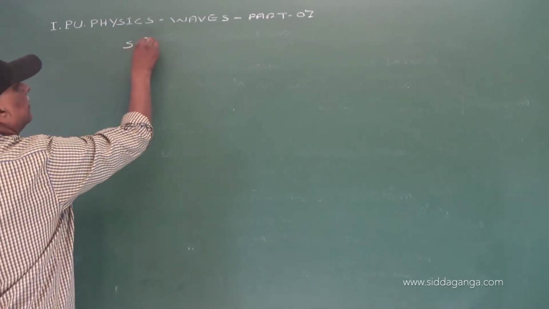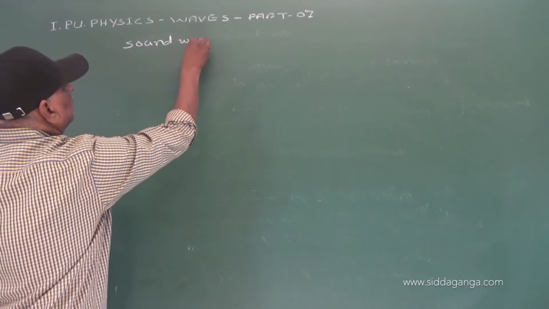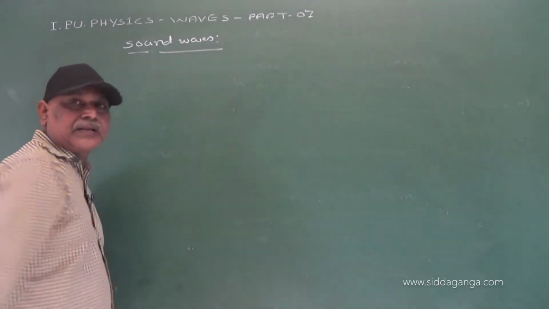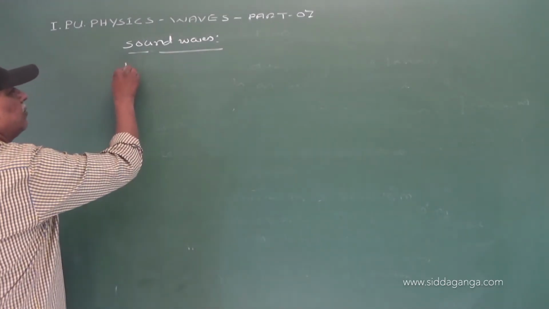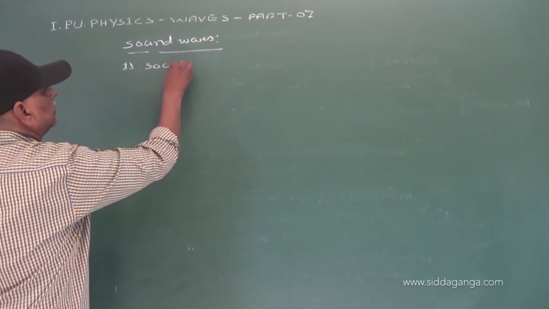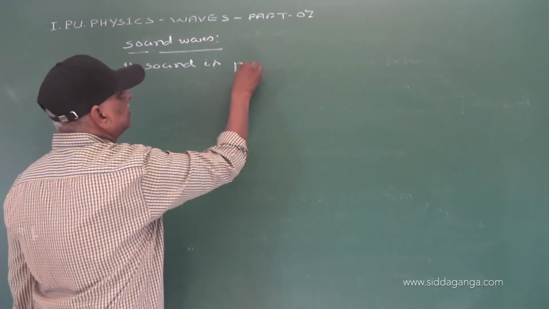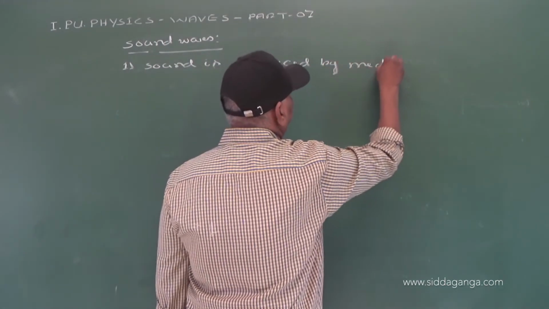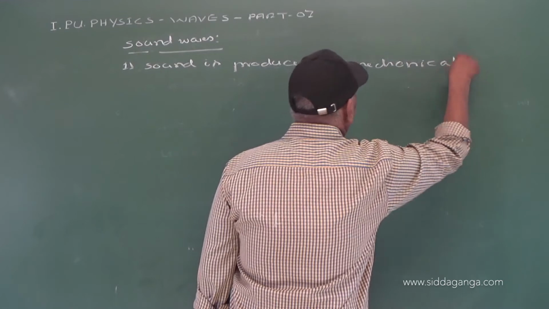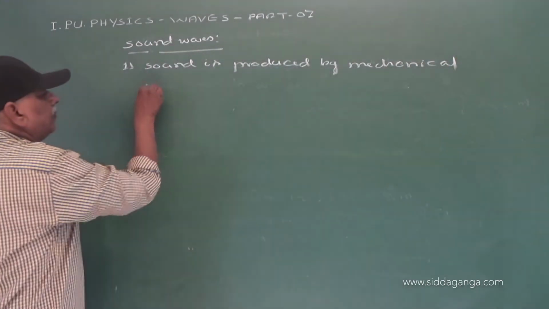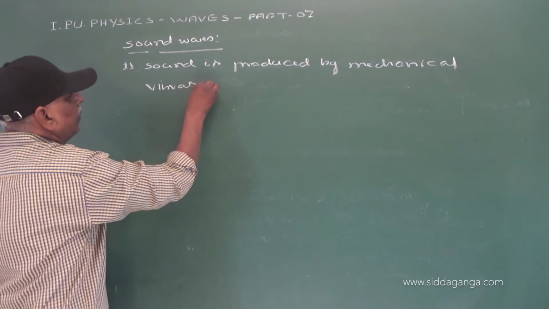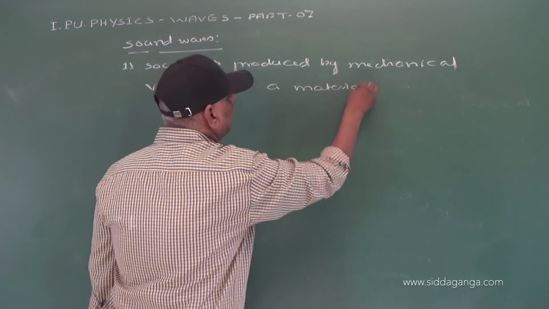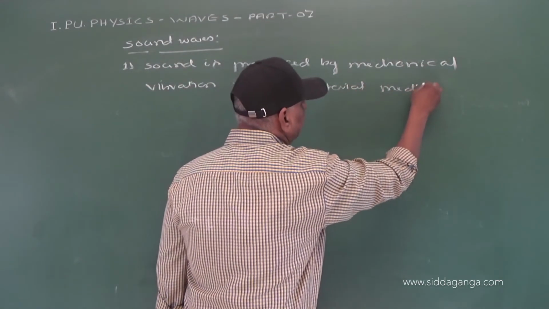Now, sound waves. Number one, sound is produced by mechanical vibration in a material medium.